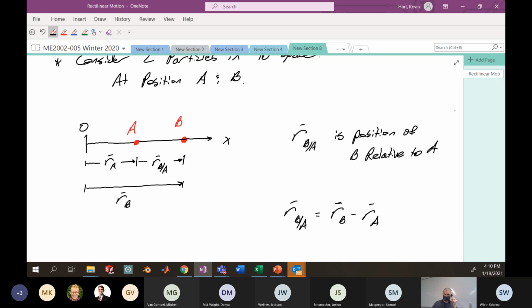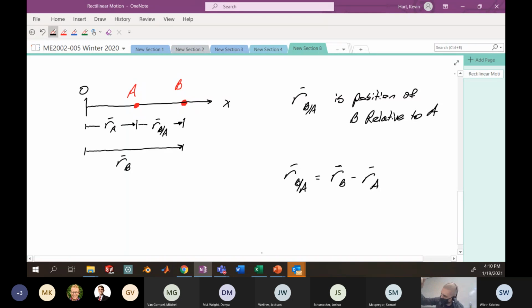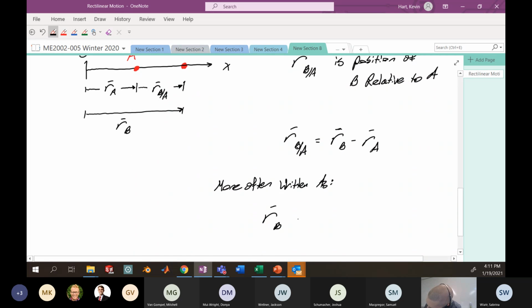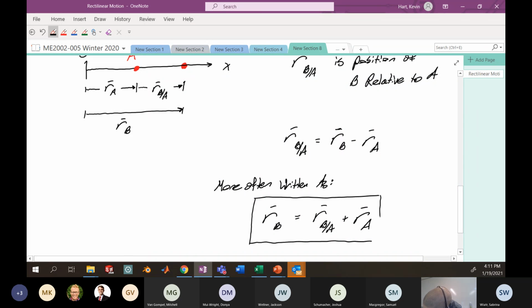This may also be written as, and probably is more often written as, and I'll give this one the box, rewriting so everything is positive and everybody is happy: the position of B is the position of B relative to A plus the position of A. Everyone's happy when there's no minus signs.